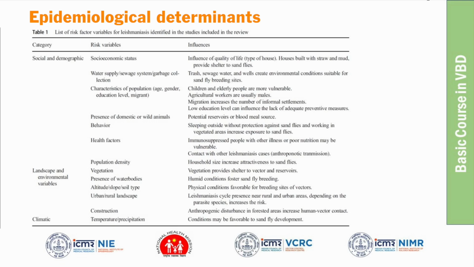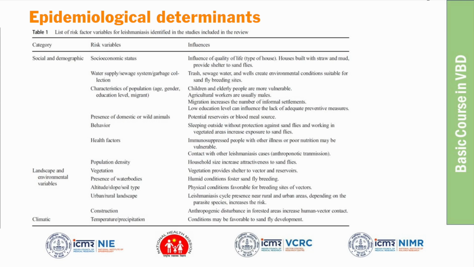They contribute to sandfly breeding, and therefore the sandfly population is also higher in these socioeconomic conditions. So all these factors mostly contribute to sandfly proliferation, and thereby there is an increase in the sandfly population, and hence case occurrence is also higher in these regions.